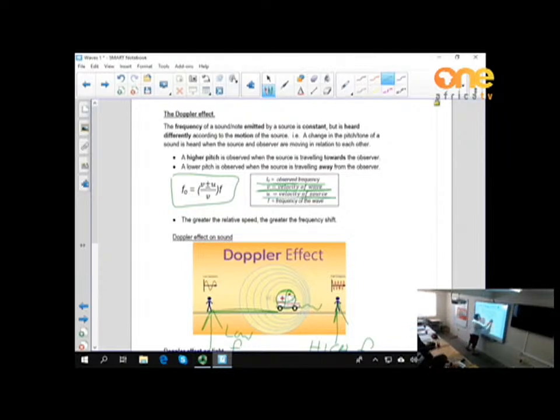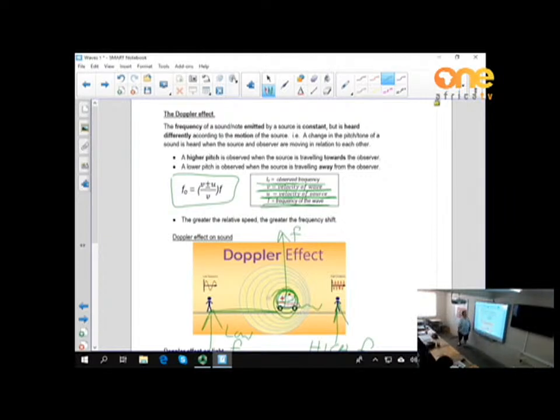U is the speed of the source. In other words, over here in my picture, it would be the speed at which the ambulance is traveling. And then F is simply the frequency of the wave produced by the object that is moving.